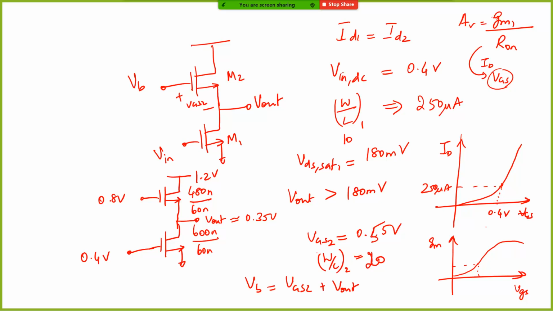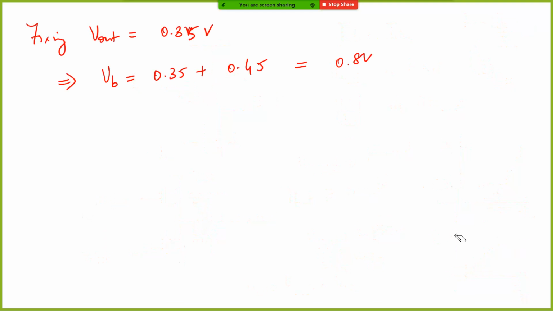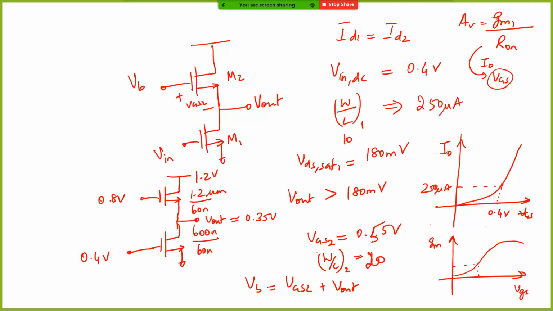So then if it becomes 20, 60 into 20 is 1.2 micron, and this is going to be 0.35 plus, let's say, 0.55. This becomes 0.9, so this becomes 0.9 volt.